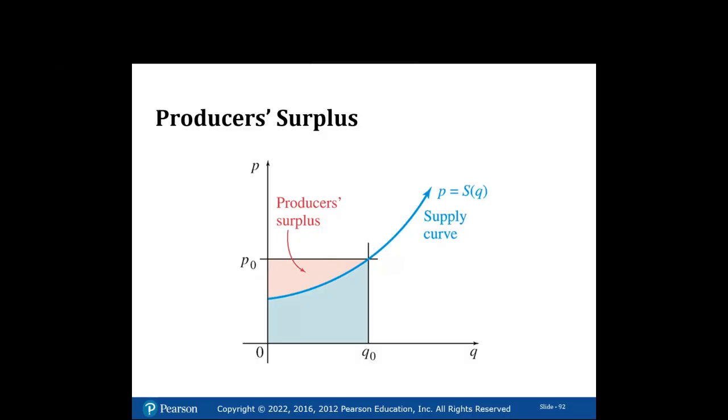So we can calculate that as well with the same kind of idea. But here you can see that this isn't a demand curve anymore, it's a supply curve. Okay, so slightly different.